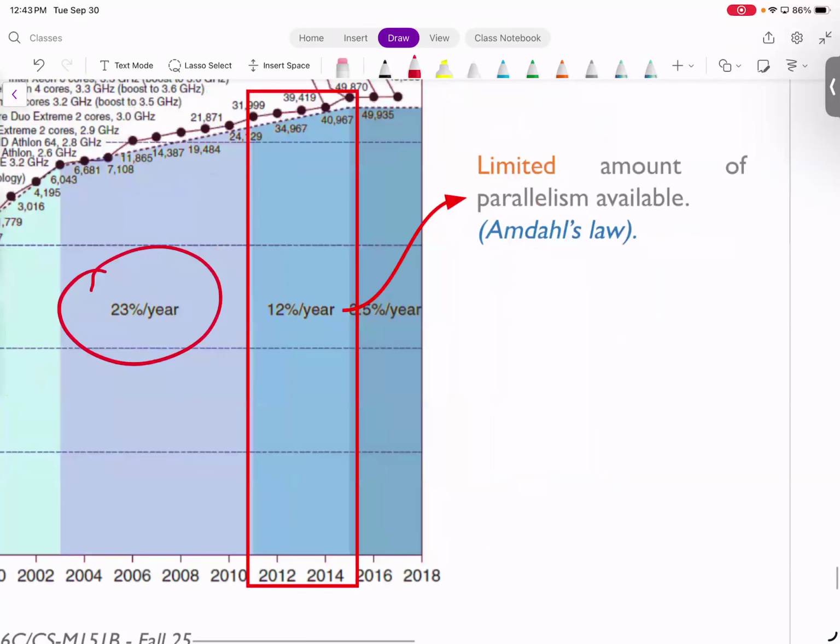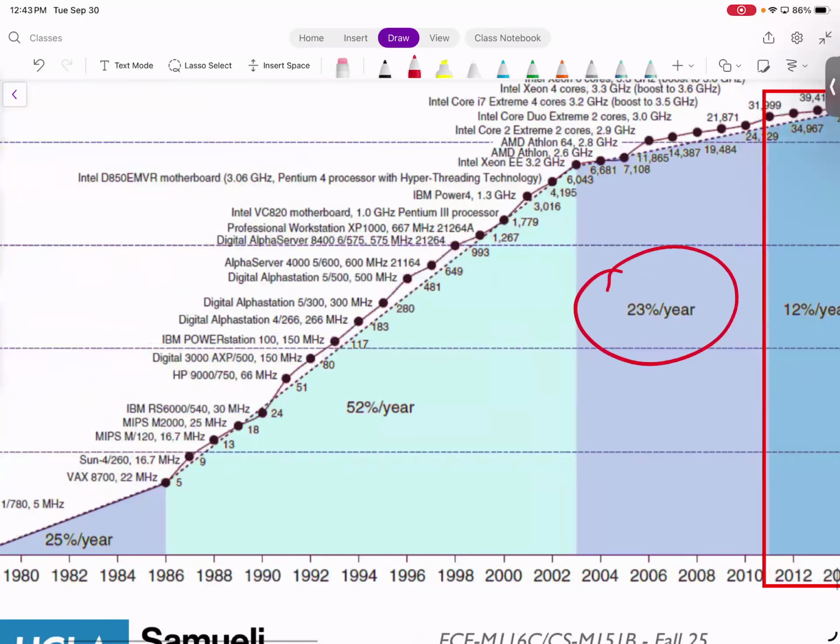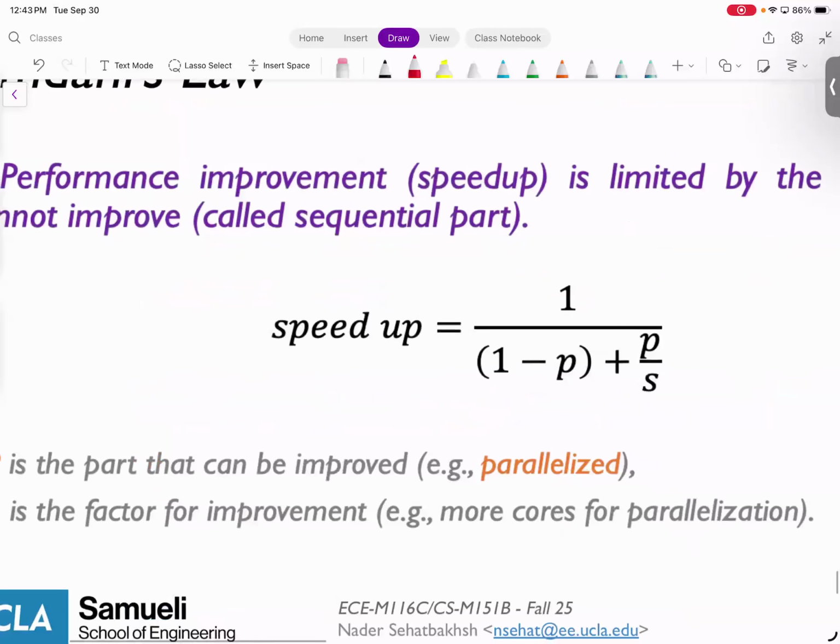Because of this law called Amdahl's law, which basically says that if I have s number of cores, the part that can be parallelized is going to shrink by that factor. For example, if I have 10 cores versus 100 cores, the 100 cores give me 10 times faster on the parallel part. But unfortunately, there's also the part that cannot be parallelized.